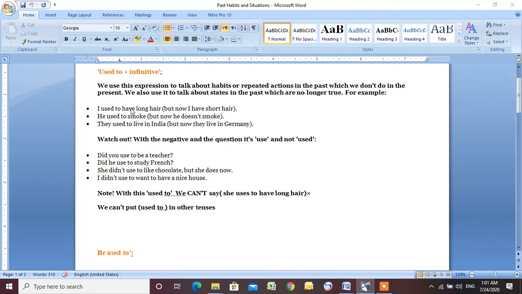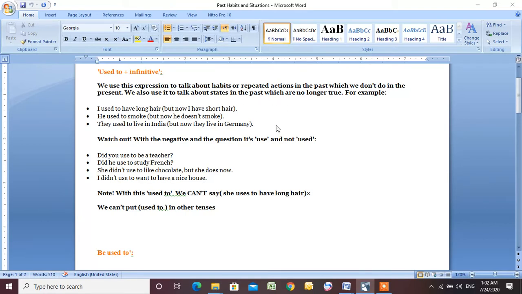So it's a habit that happened in the past, but now it stopped. They used to live in India, but now they live in Germany. So we can use used to for both habits and states in the past.